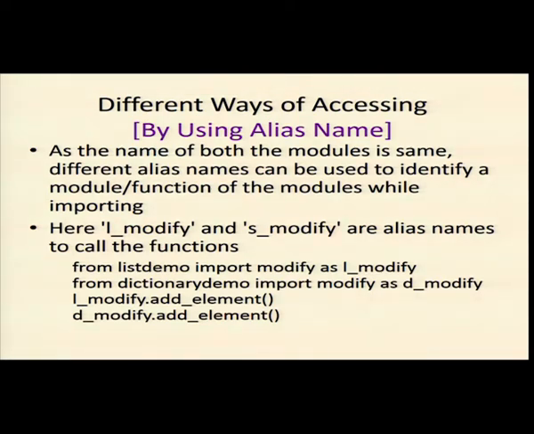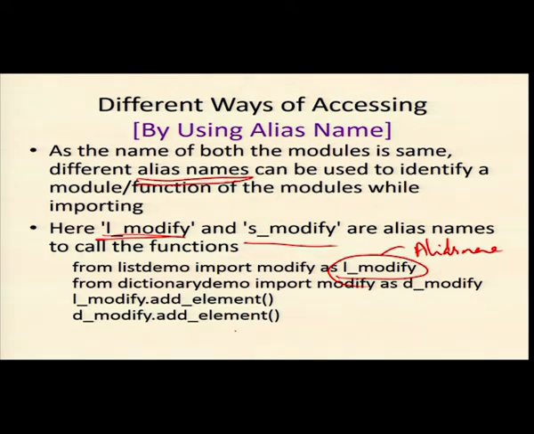Now, as the names of both the modules are the same, different alias names are used. What is an alias name? Something like a nickname. This is very important. Different alias names can be used to identify the module or a function of a module. Instead of a bigger name like list demo, I can set it as L dot modify. L underscore modify and D underscore modify are alias names. From list demo, import modify as L underscore modify denotes an alias name.